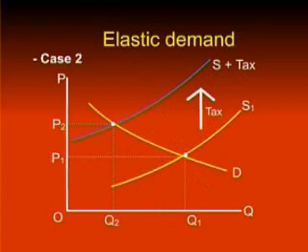In case 2, when there is elastic demand, the tax is a bad one because both producers and consumers suffer, plus the government also suffers because the quantity demanded falls in a major way from Q1 to Q2, so that the tax revenues that the government gets will be very small.